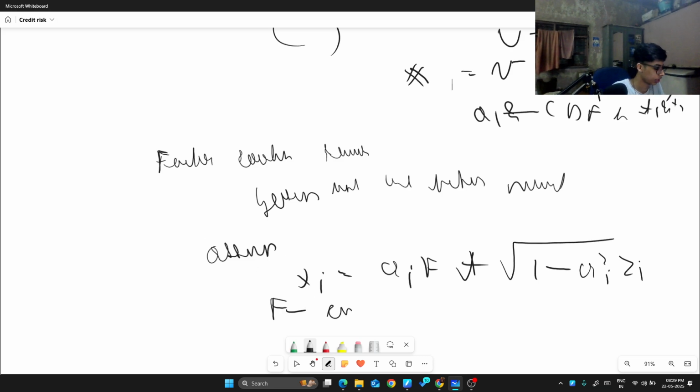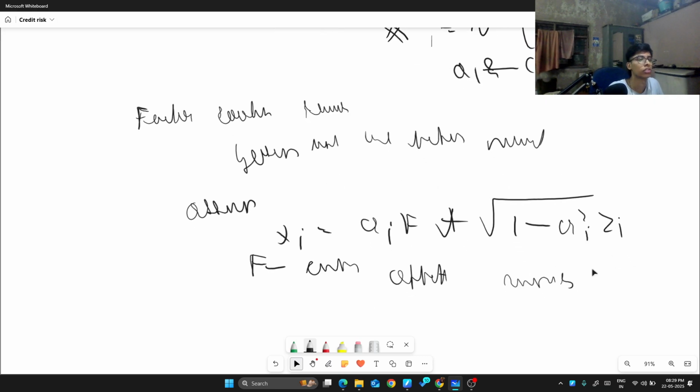F is a common factor affecting the default correlation, affecting all companies, and z_i is a factor affecting only one company.